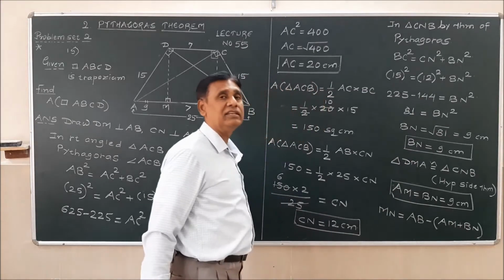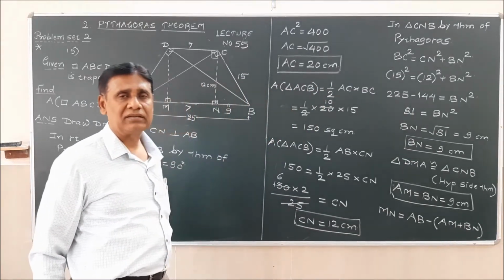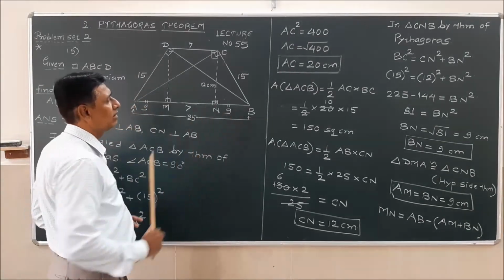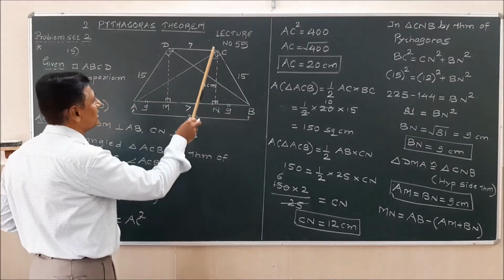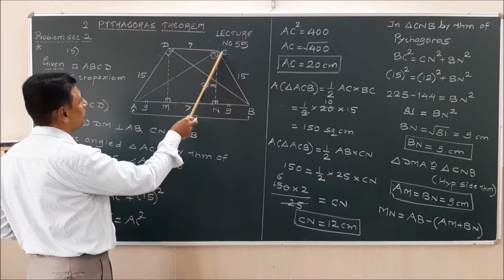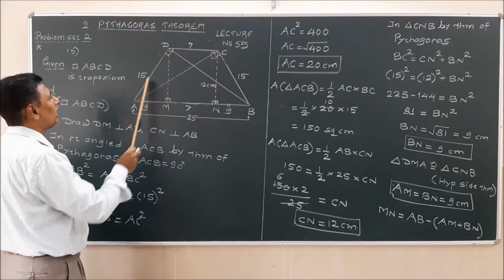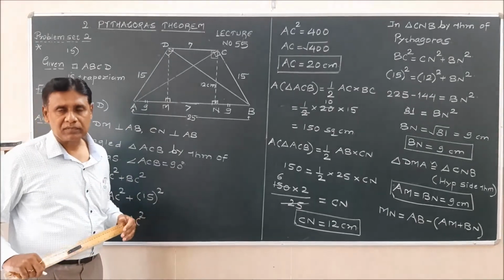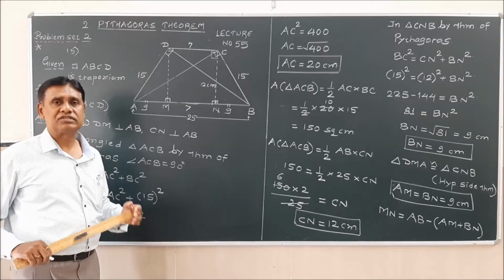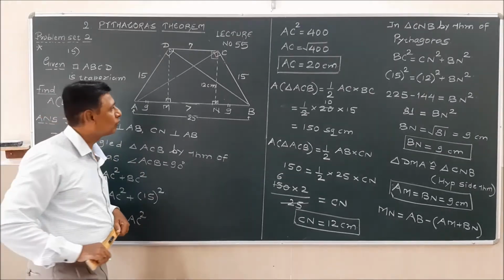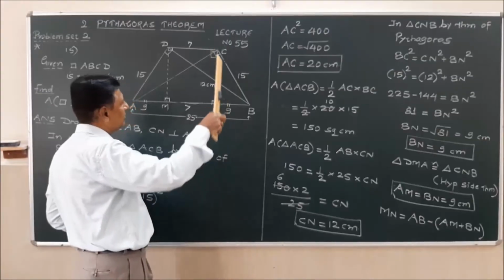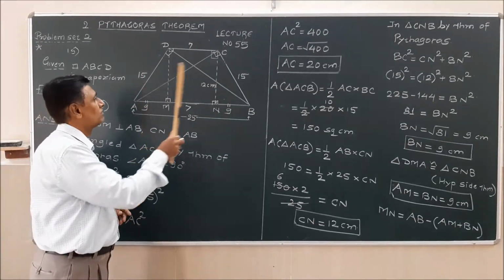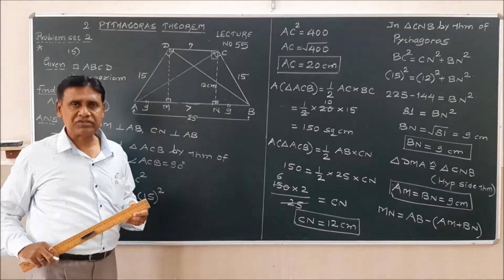What is the use of getting BN? That is very important. Try to understand: triangle CNB and triangle DMA are congruent by the hypotenuse-side theorem. How will I explain it? You will find BC and DA are congruent; they are hypotenuses.